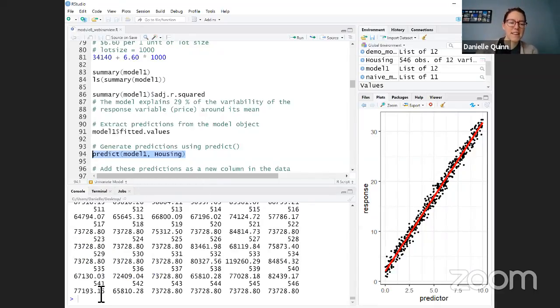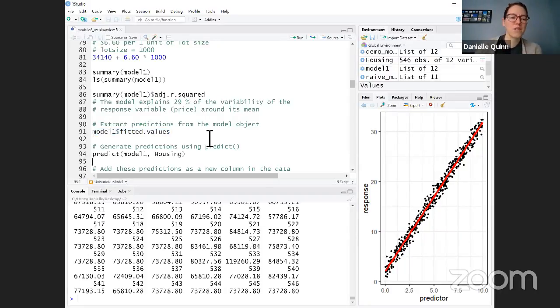Okay, here, so we can see that house number 541 is predicted to cost about $77,000. House 542 is about $66,000, and so on. You can also get these values from the model object in a component called fitted values. So that'll give you the same information.